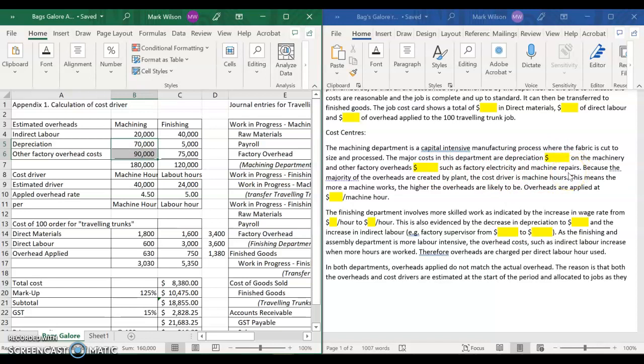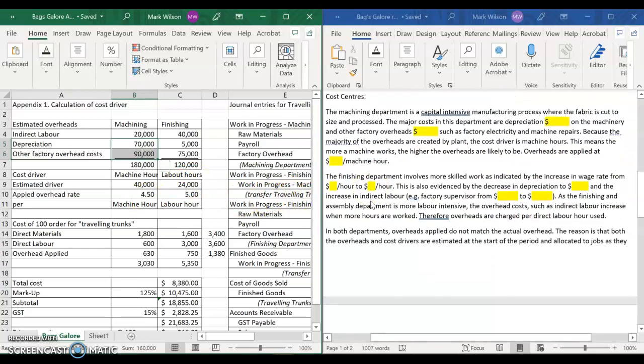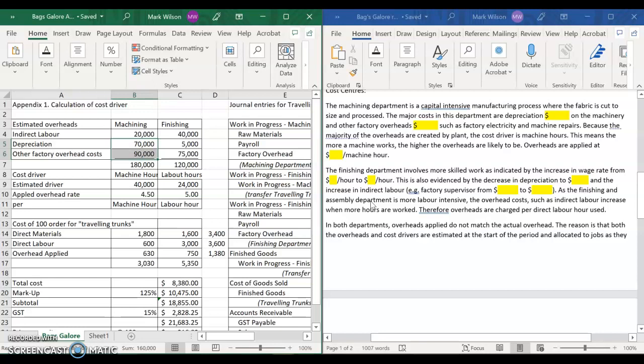You can read through the rest of that and understand why, but we need to get that $4.50 per machine hour. The finishing department, if you look at that, you can see the major cost in the finishing department: other factory overheads and indirect labour.